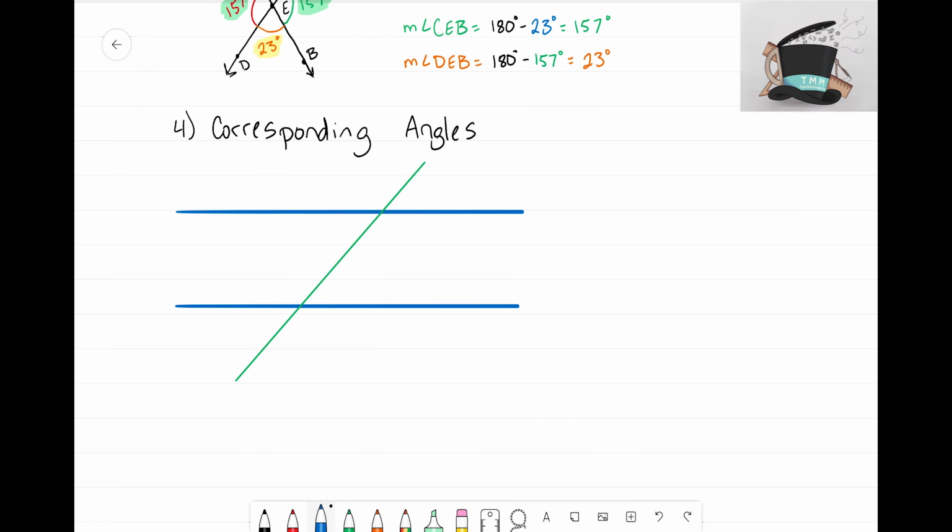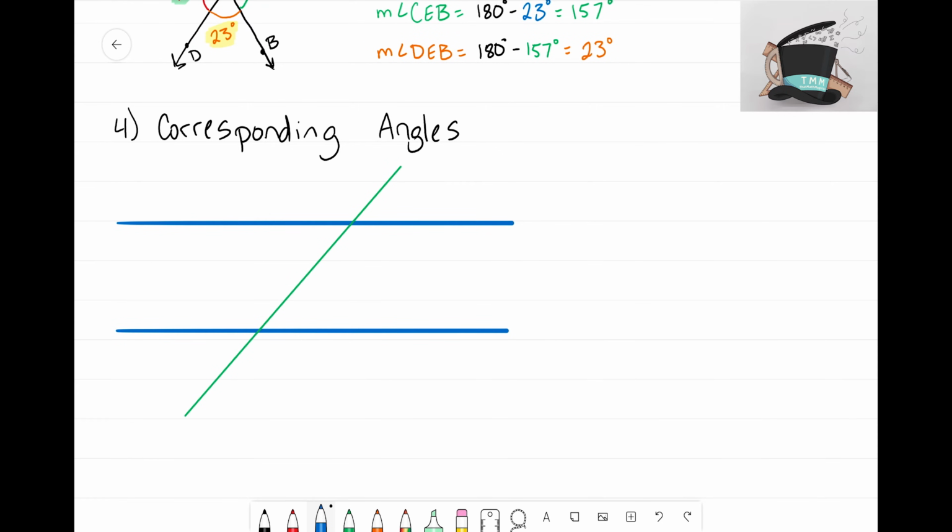We know that the blue lines are parallel, and this green line is what we call a transversal line. A transversal line is a line that intersects these two blue parallel lines.